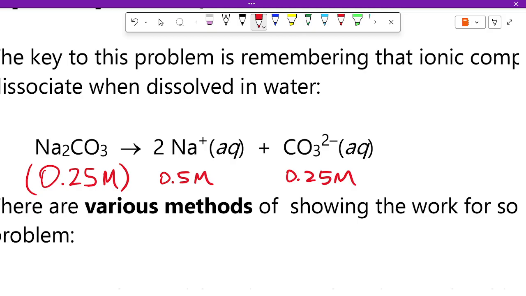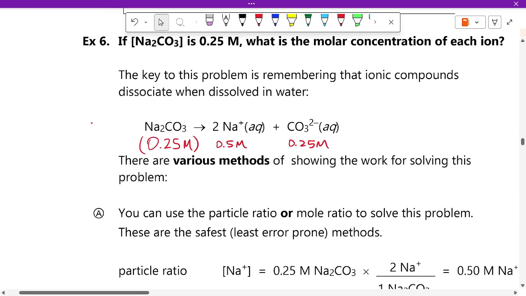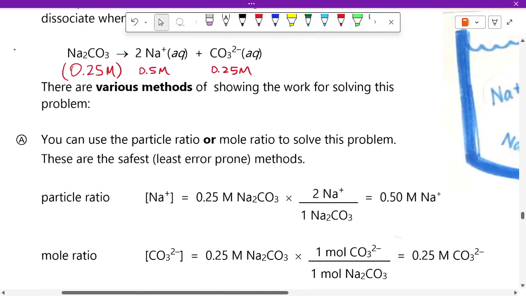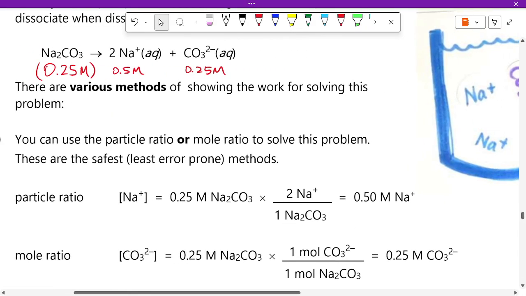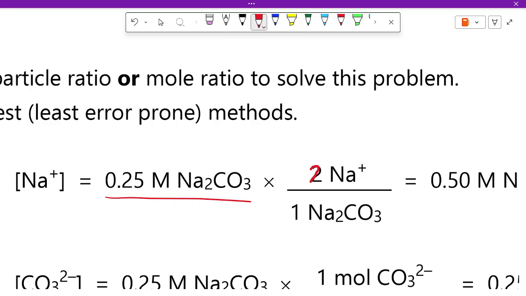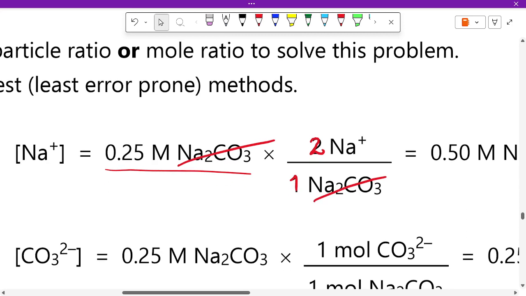There are various ways of showing this work. I guess we should just mention those because at some point you might need to show the work. You can use the particle ratio or the mole ratio to solve this, where you say, okay, I have 0.25 molar Na2CO3, and I have 2 Na for every 1 Na2CO3. Those cancel out, and I'm left with 0.5 molar.